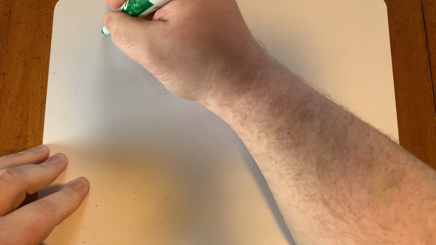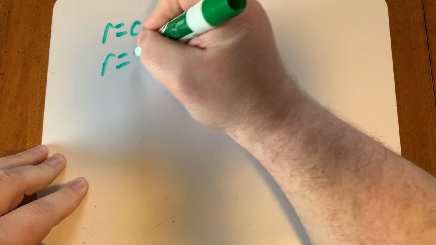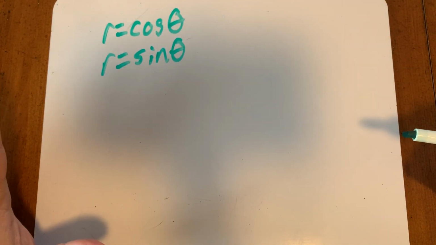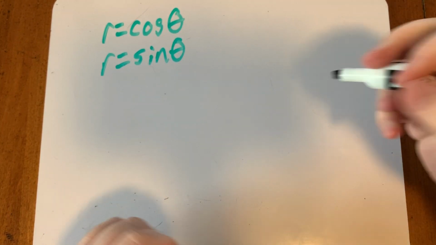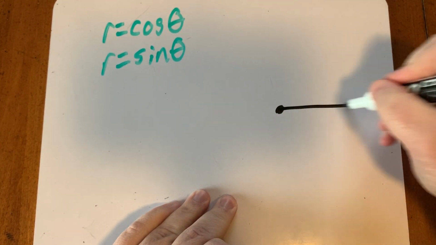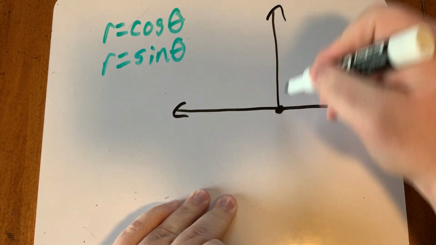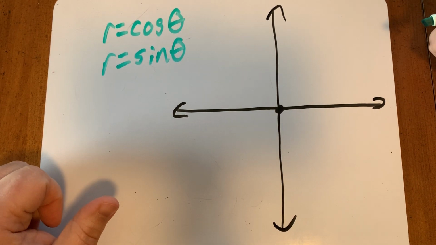So let's say we had two polar curves, r equals cosine of theta and r equals sine of theta. If we were to plot them, we have our polar axis, the opposite of the polar axis, and then the axis at theta equals pi over 2.